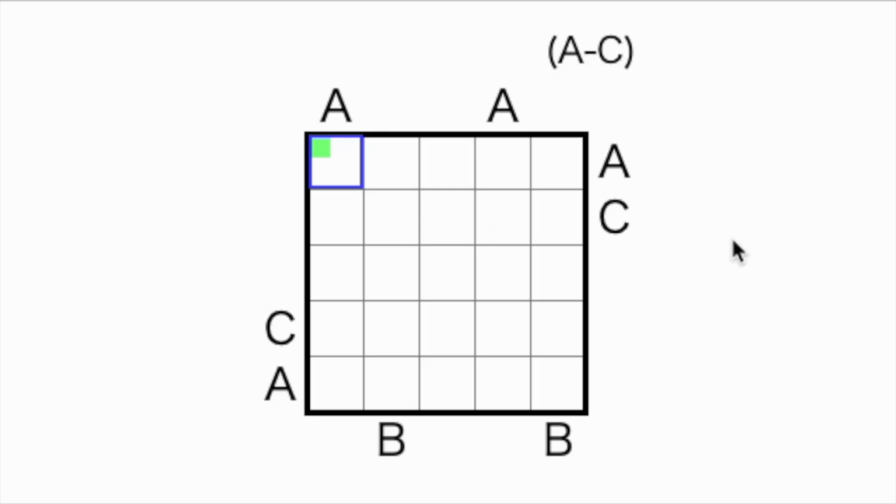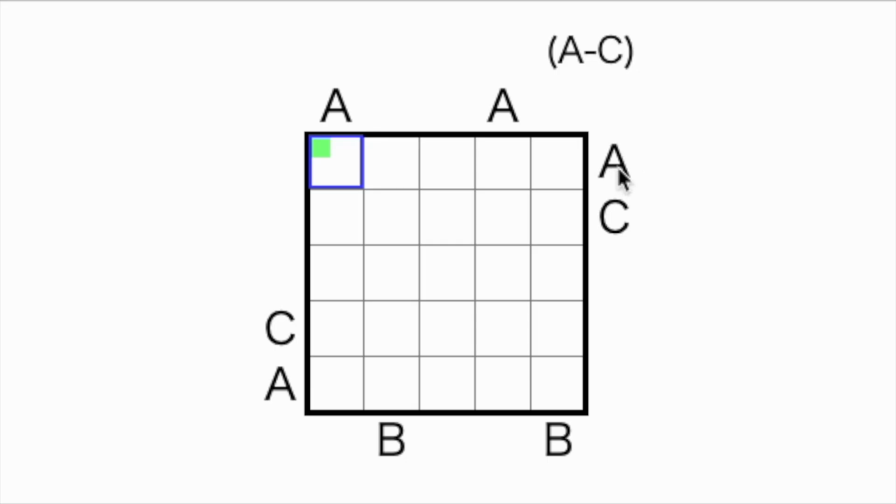I'm going to look for the same letter appearing in a row and column near each other. So, for example, this A and this A tell me something.